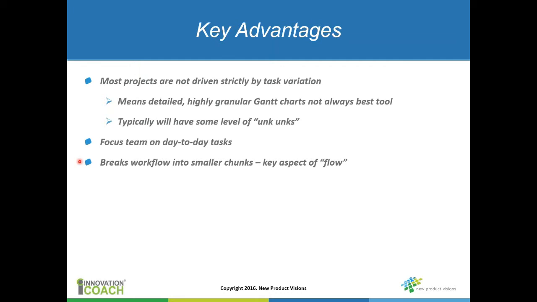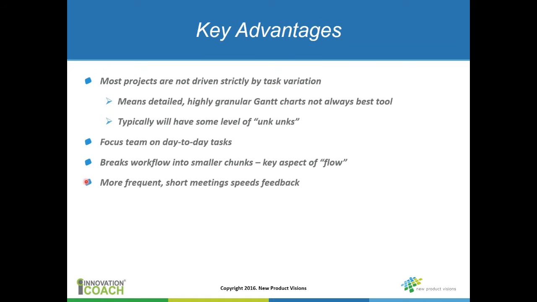A key thing is it breaks workflow into smaller chunks, as I mentioned before. That's a key aspect of the concept of flow through a process. It's the same thing we talk about in manufacturing with flow, and the way that you achieve flow is to break workflow into smaller chunks and get faster feedback. This concept of more frequent short meetings speeds the feedback loop.